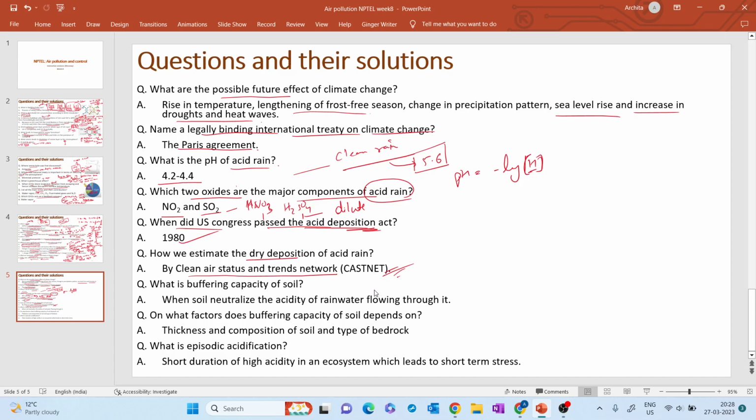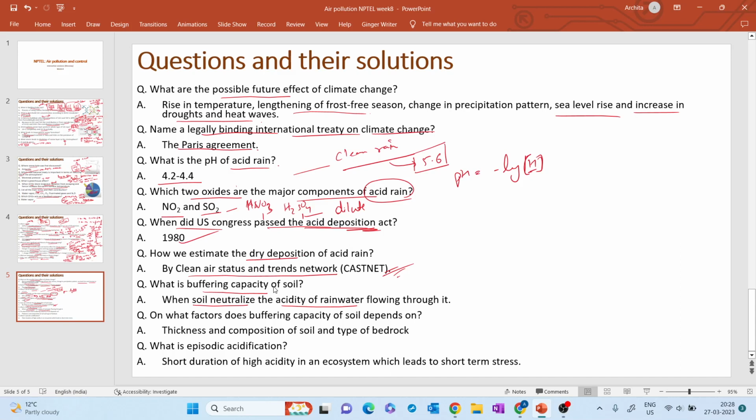Next is the buffering capacity of soil. The good thing about soil, or why soil is very important in certain regions, is that soil can neutralize this acid and reduce the pH, making it more neutral, and that is what you call the buffering capacity of soil. When acid rain falls on a soil surface and goes through the soil, the soil will capture these gases.